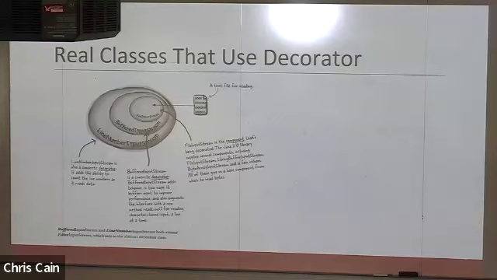If you just use a file input stream, you start at the very beginning of the file. But if you decorate your file input stream with the ability to search and buffer, meaning that you can move its position, and then a line number input stream that's capable of knowing when lines start, you add functionality to your file input stream to be able to do more complicated things with your files.